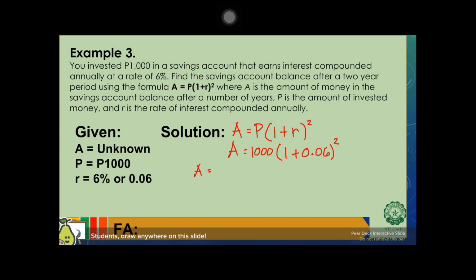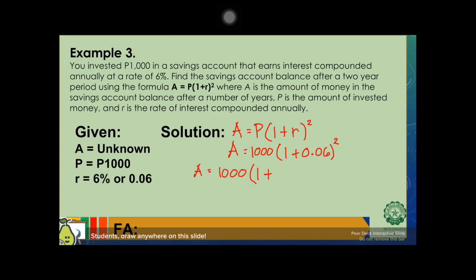So for the A value, if you square 1 plus 0.06, you copy the 1000 and then you square the first term. This is the technique in squaring a binomial. Square the first term, that would be still 1. And then get the product of the first and the second term, which is 1 and 0.06.